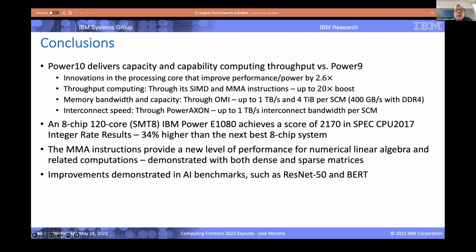Oh yeah, that's a good question. Yes, we have PyTorch, TensorFlow, and I'm forgetting one, ONNX. Those are the 3 frameworks where we've upstreamed open source support for MMA.